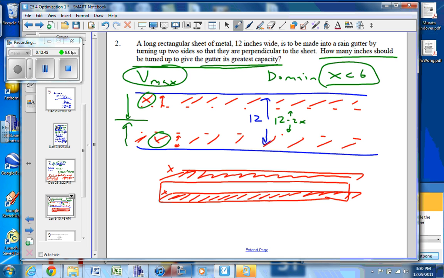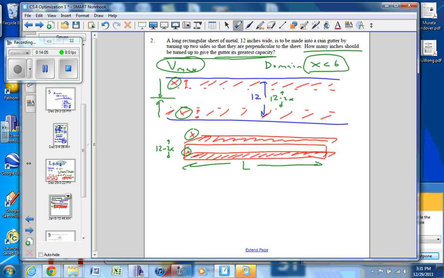Okay, well, what's our volume? We know that it's some big length L, and it has a height x, and it's got this width 12 minus 2x. So my volume equals (12 minus 2x) times x times L, where L is some unknown fixed constant.